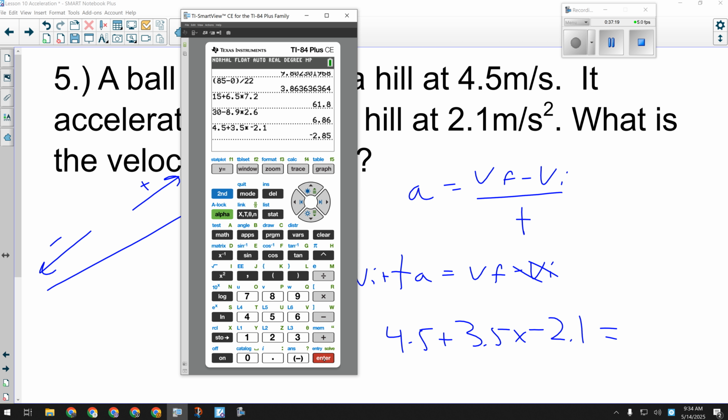All right, that answer makes sense to me. After 3.5 seconds, that object has probably stopped, turned around, and started rolling back down the hill. So in my answer though, and here's another thing that's important for this question, did the question give me positive and negative as a direction or a vector, or did it give me up the hill and down the hill as vectors? It gave me up the hill and down the hill.